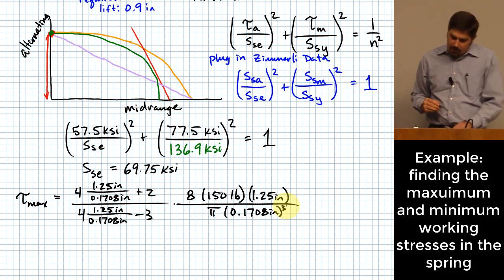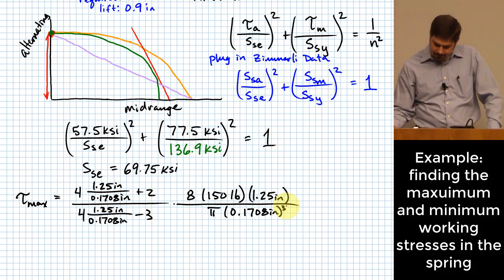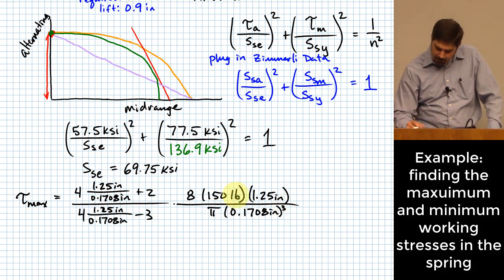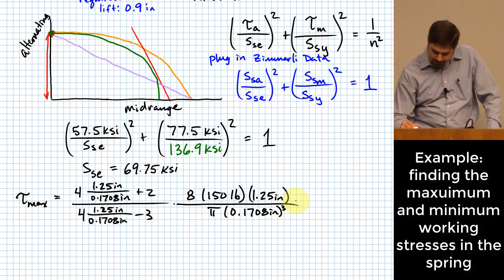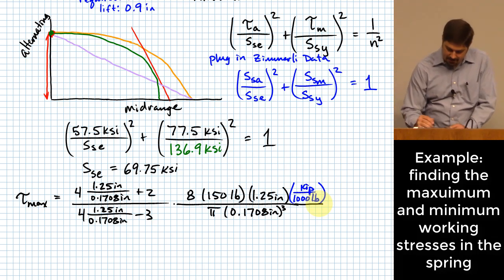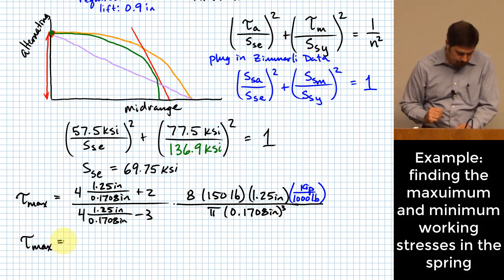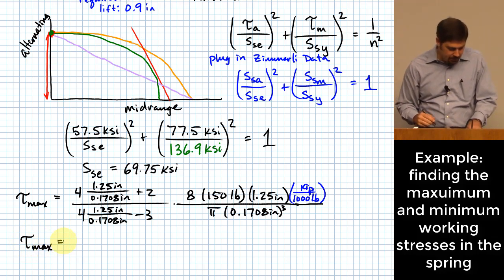All right, now what if I want this to come out in KSI? Yeah, I'd probably want to divide that 150 pounds by 1,000, 1,000 pounds per kip. Okay, so once we do all of those calculations, my maximum stress here turns out to be 114 KSI.